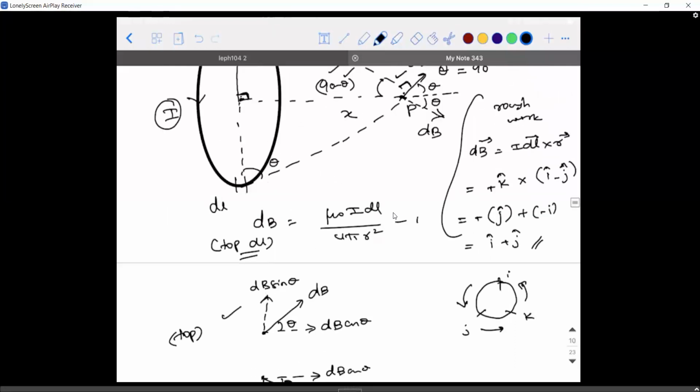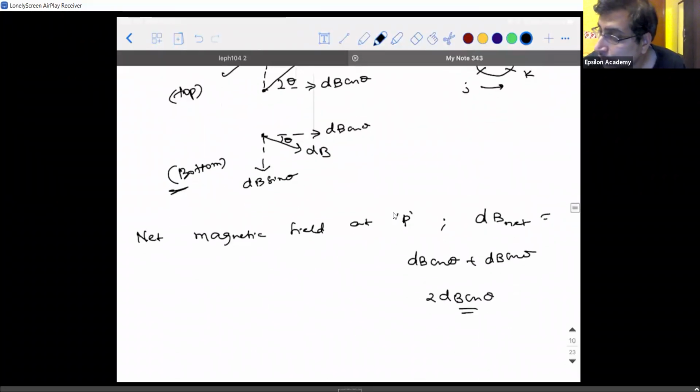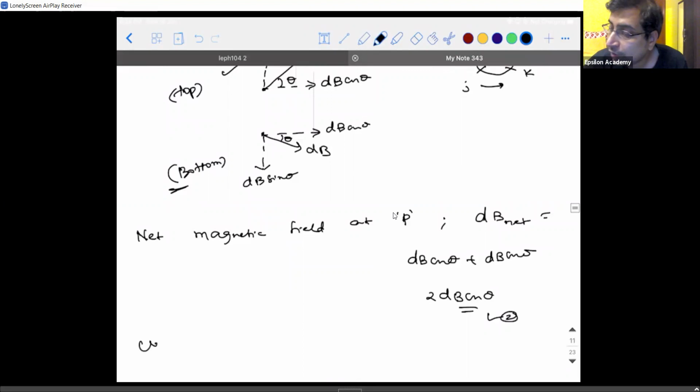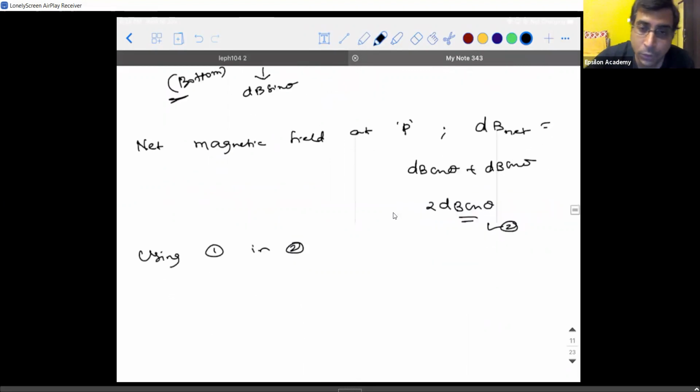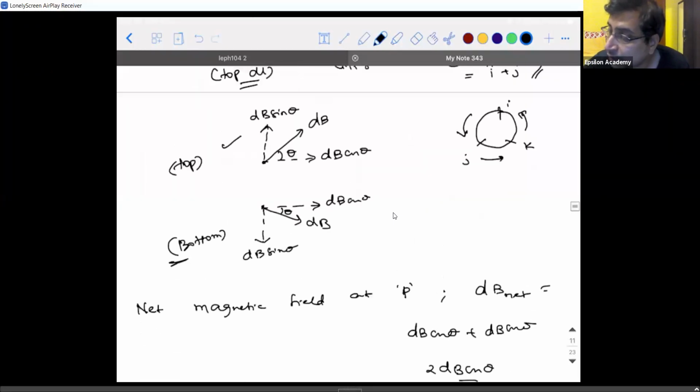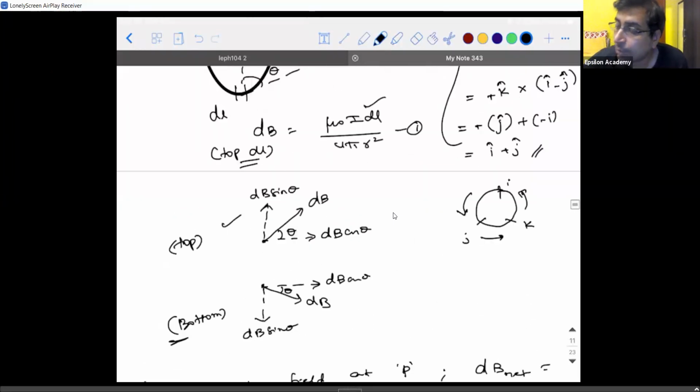Right. So let me take this as 1, this as 2. Using 1 into, you will get the net value of dB is equal to how much? 2 into, what is the value of dB, guys? Mu naught I dl divided by 4 pi r square.